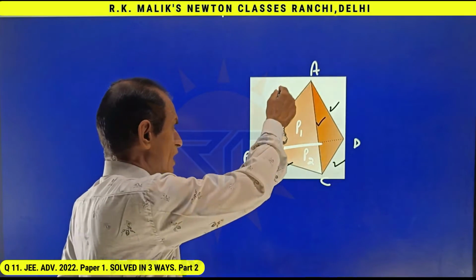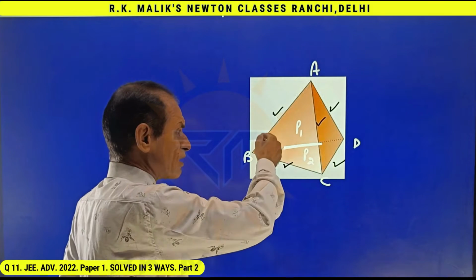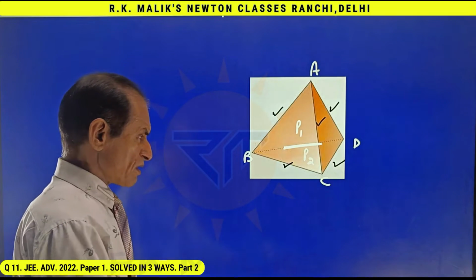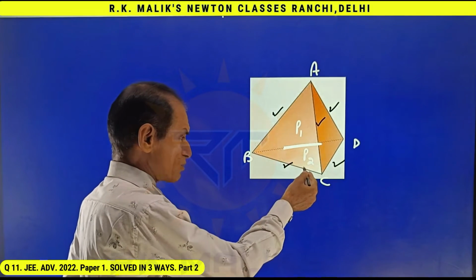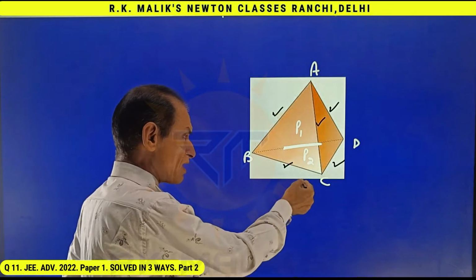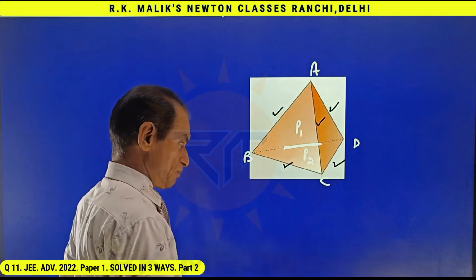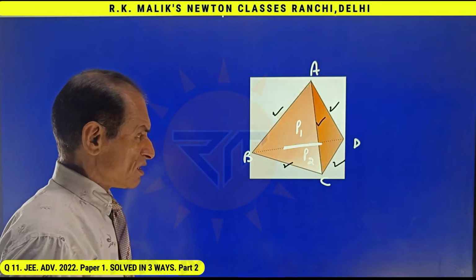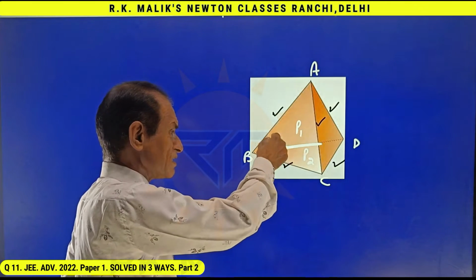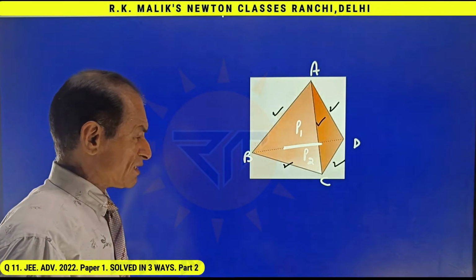The line will be of the type AB or AD if that line completely lies in the plane P1, or the second possibility is that the line completely lies in the plane P2, that is of this type or this type. The next possibility is that the line is of the type AC, that is, the line is cutting the planes P1 and P2 at two distinct points.